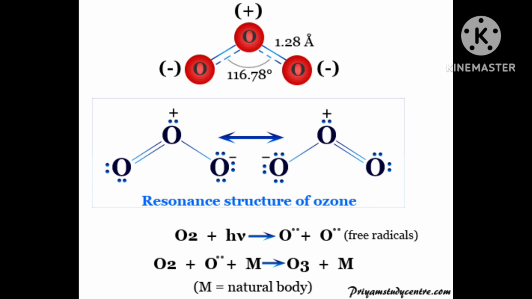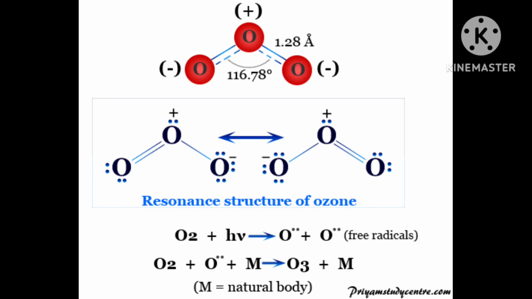For example, it oxidizes lead sulfide to lead sulfate and iodide ions to iodine. Reaction I am telling you: lead sulfide plus 4O3, PbS plus 4O3. PbS is solid. PbS plus 4O3 gives PbSO4 plus 4O2.